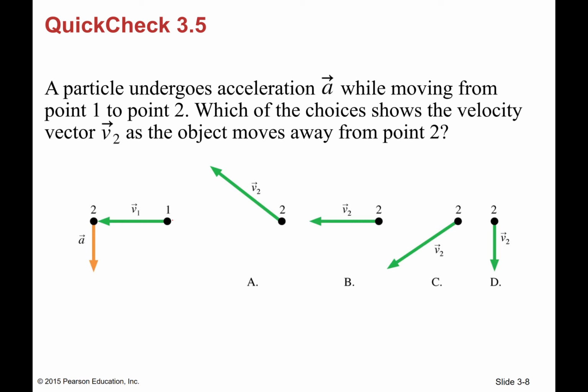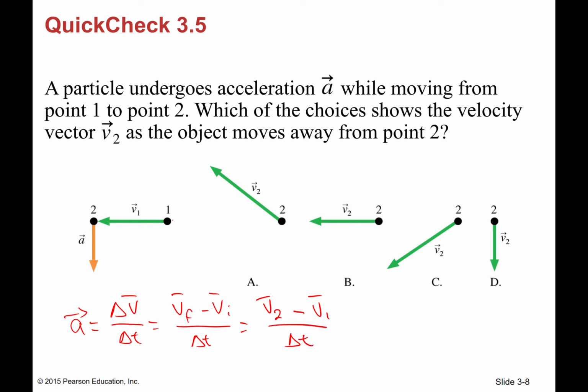Okay. Now, remember, the acceleration vector is equal to delta v divided by delta t, which is equal to final minus initial divided by delta t. Final is 2 and initial is 1, so this would be velocity at 2 minus velocity at 1 divided by delta t.